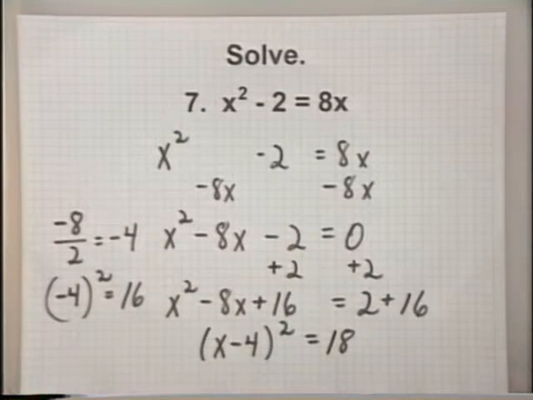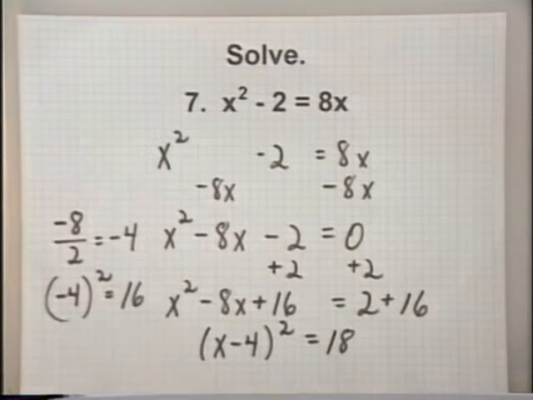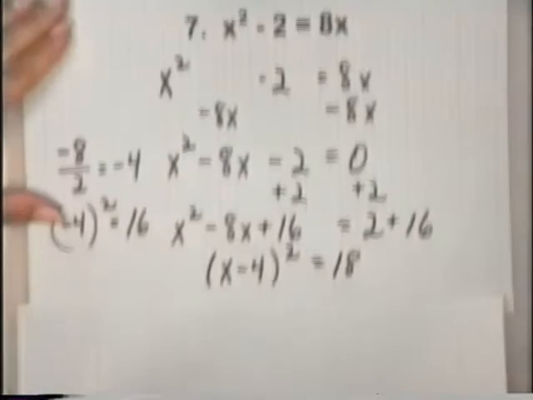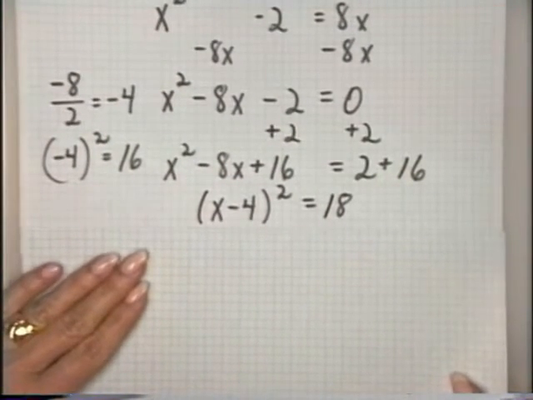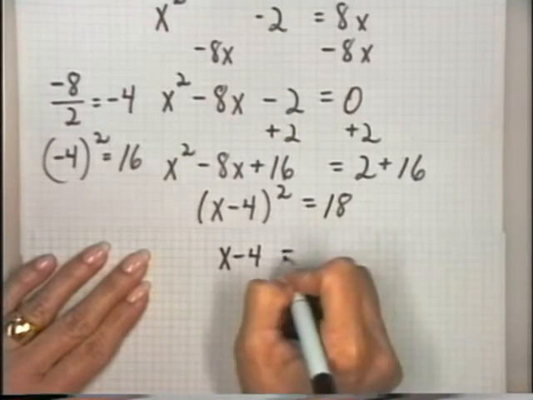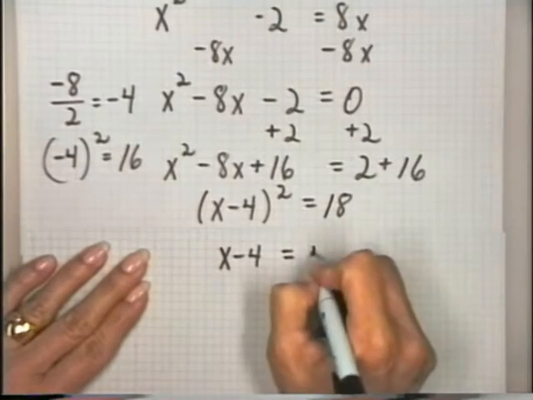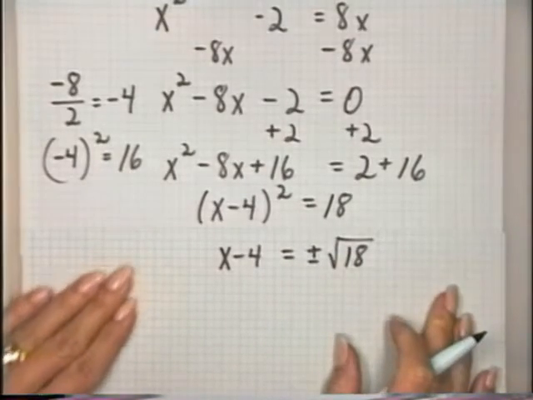Next, since our equation is in the form of a binomial squared and we have a constant on the other side, we'll use our extraction of roots theorem, which says that on the left we have x minus 4, and on the right we'll have plus or minus the square root of 18.